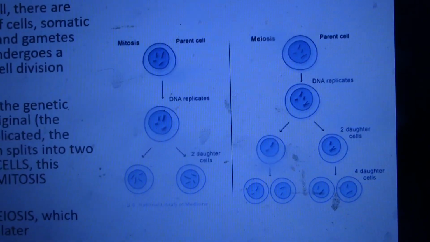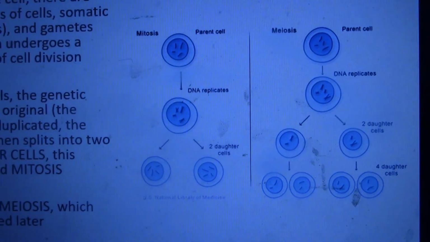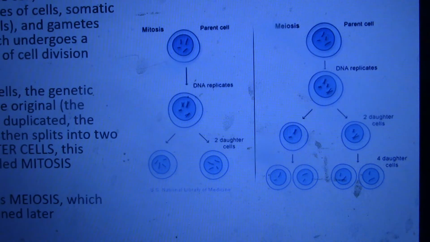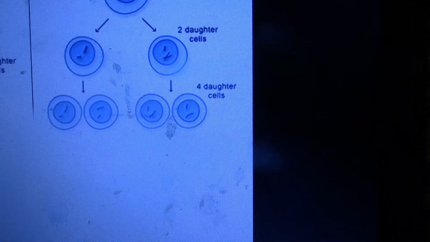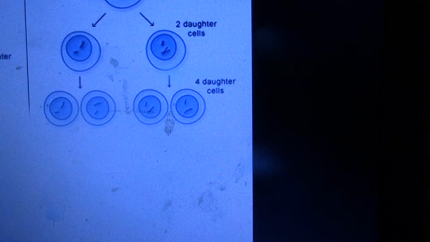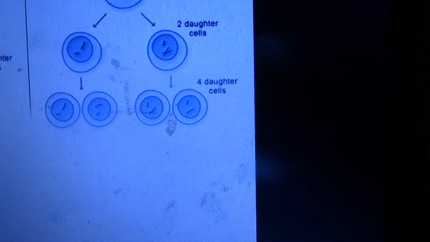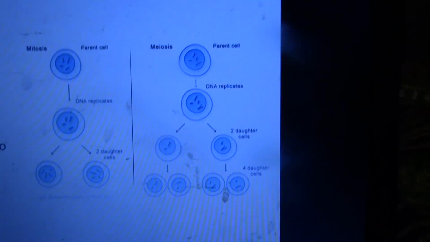Mitosis has one division and makes two daughter cells, and that happens in body cells or somatic cells. Meiosis happens in the gonads, so sex cells, and the purpose is to make sex cells, so sperm and egg, and they're haploid rather than diploid. So I'm going to talk about what that means in a second.